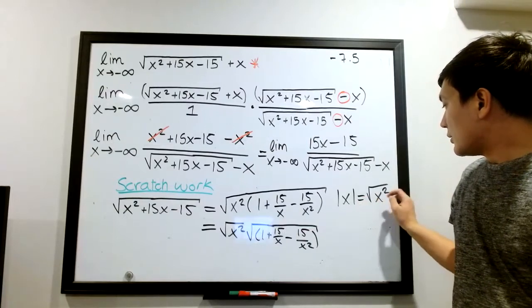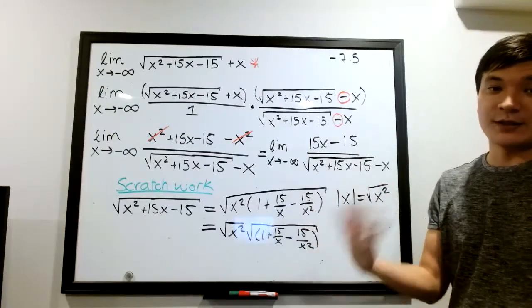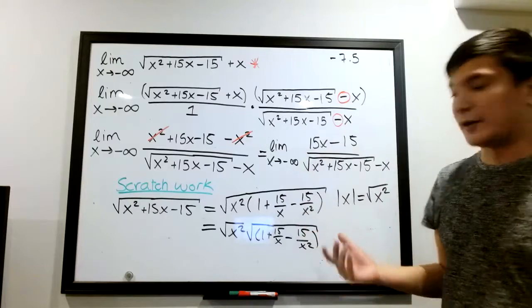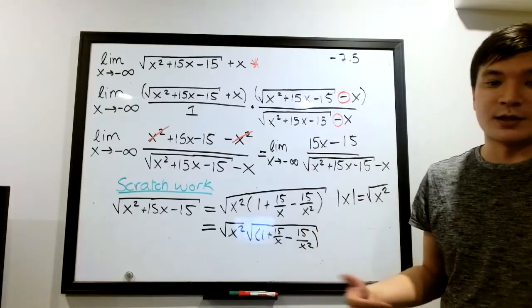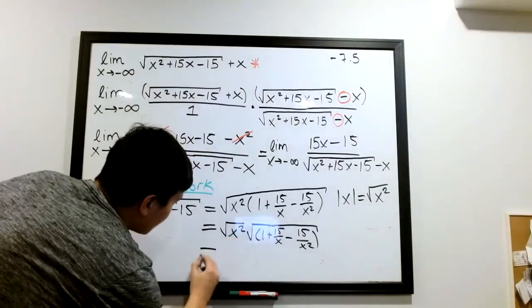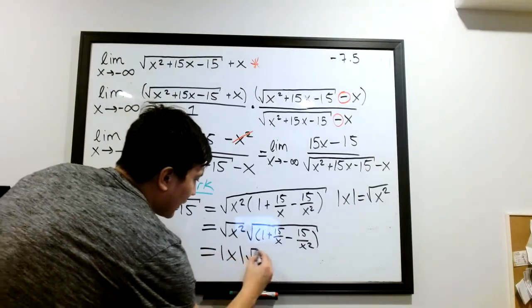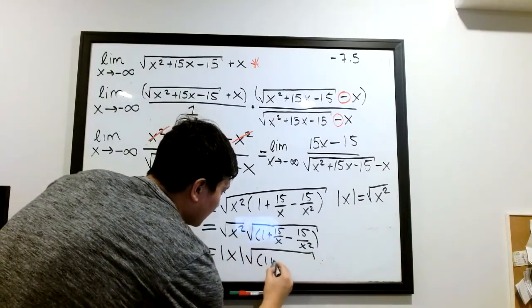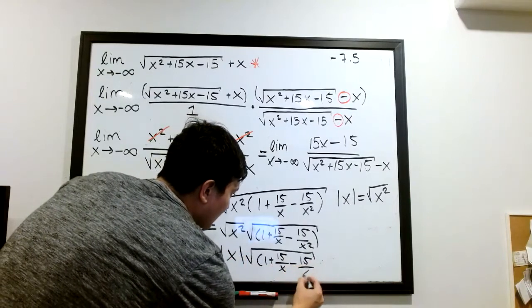Because the square root will cancel out with the x squared, and we know that whatever's inside the square root has to be positive, right? And that's what the absolute value of x is, right? It has to be positive. So I'm going to rewrite this as the absolute value of x times the square root of 1 plus 15x minus 15 over x squared.